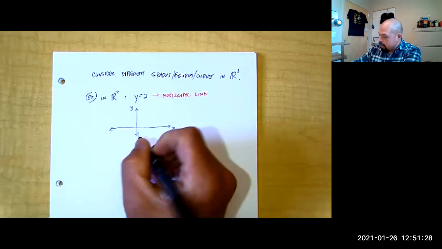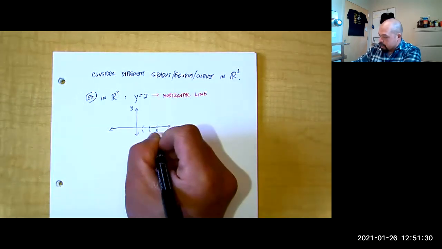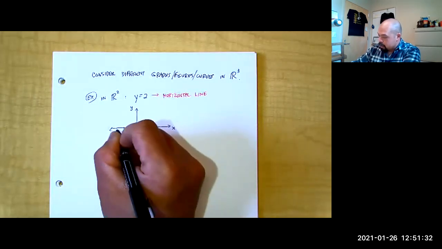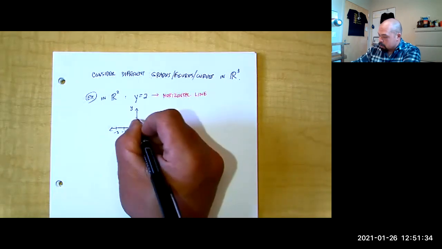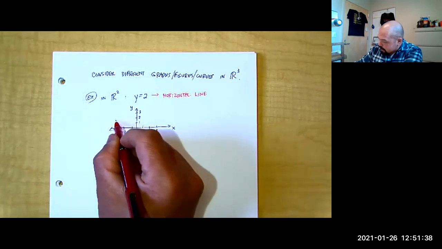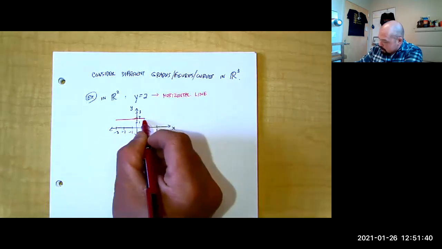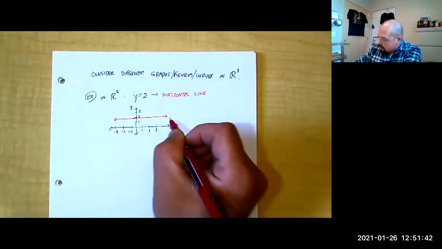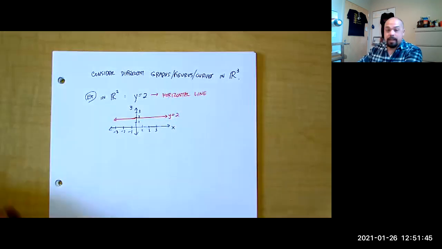X could be anything. Any value you choose for X would work. But that Y value is fixed. It's constant. It's always 2.